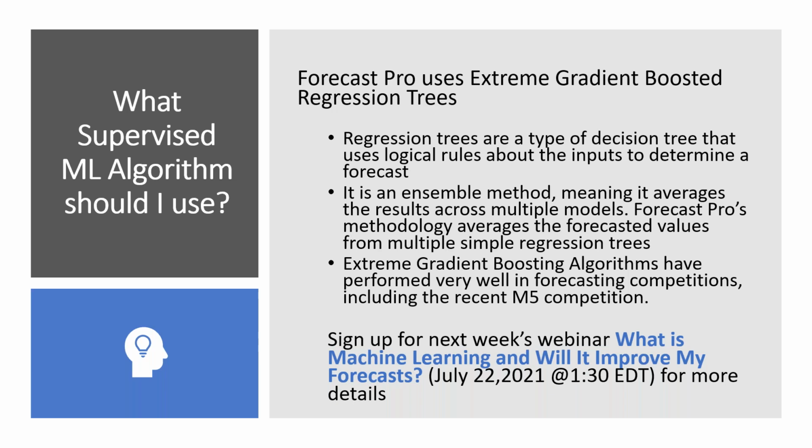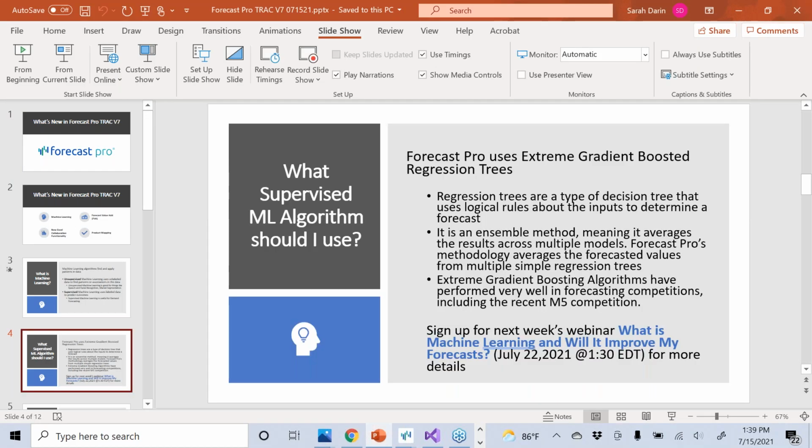Although if you want to, you can also include other information, things like events and explanatory variables. So with that, let's take a look at how machine learning works in Forecast Pro TRAC V7.